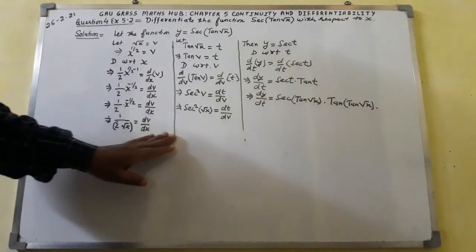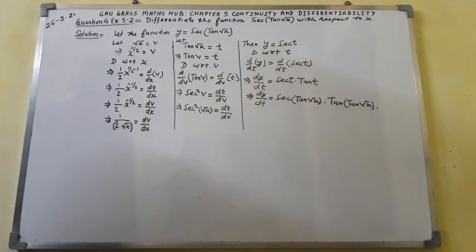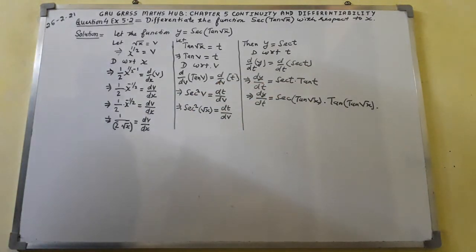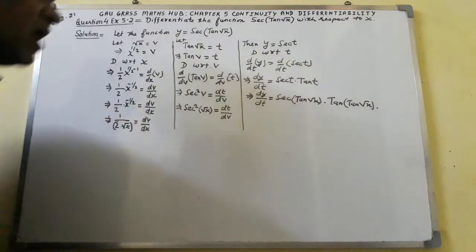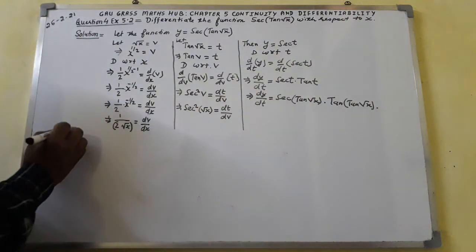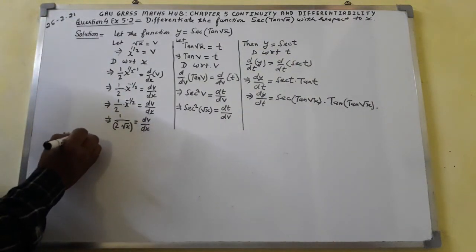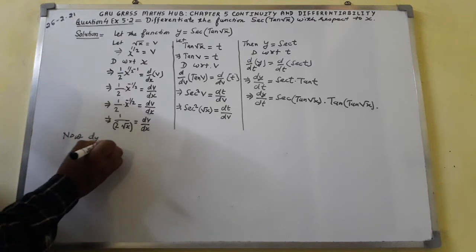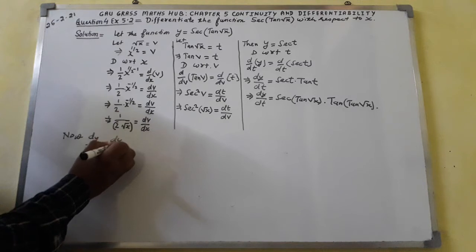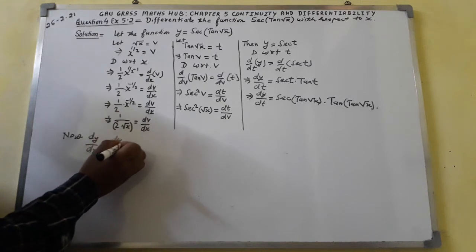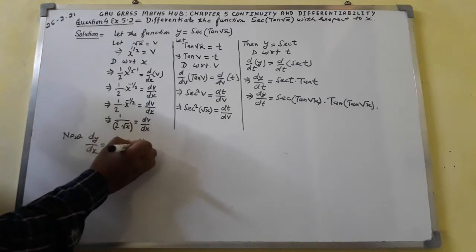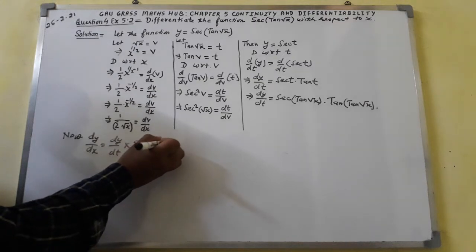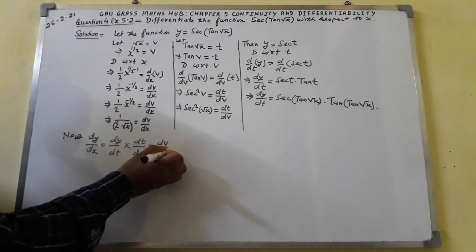Now what will we do here? Now this thing will be combined together. And now I shall write dy/dx equal to dy/dt into dt/dv into dv/dx.